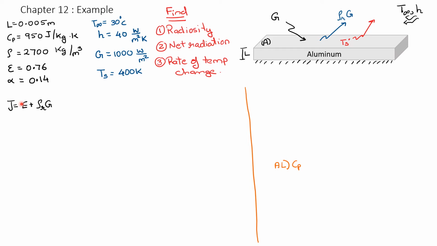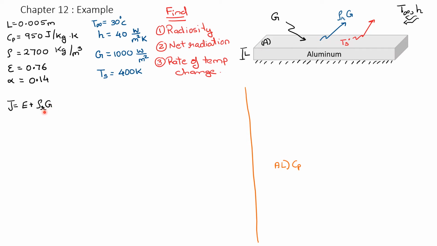let's see how we'll solve this. To find radiosity, our equation is J equals E, that's the emission due to the surface temperature of aluminium Ts, plus whatever is reflected by aluminium.